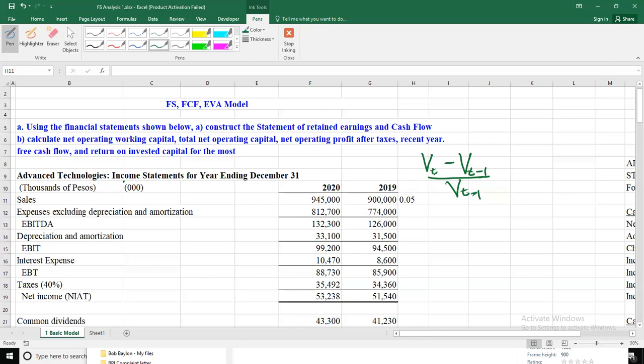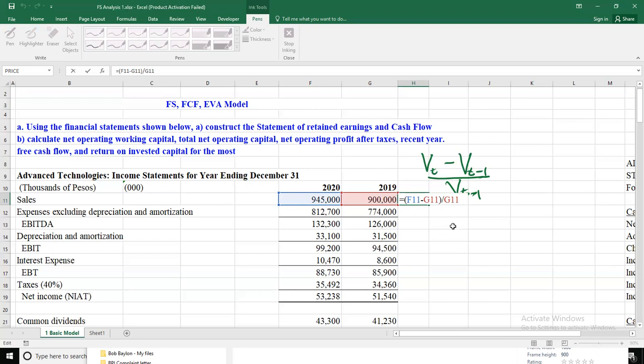Can somebody propose an easier formula so that it's easier to use even in Excel? Can anyone suggest? Okay, Basti has a question. Basti, this is the formula Mark used. When we use this in Excel, we open a parenthesis, then equals the value in 2020 minus the value in 2019, then close the parenthesis, then divided by the value in 2019.